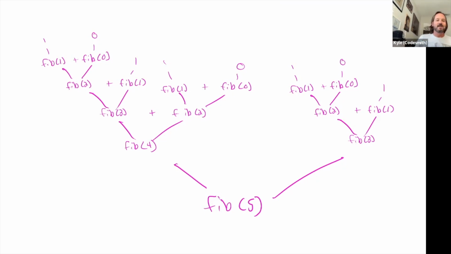So I challenge you to rewrite Fibonacci in a way that you could calculate any Fibonacci number. And you will know that you have succeeded if you can run Fibonacci 45 or Fibonacci 100. If you can calculate Fibonacci 100, it'll take a split second if you've done it properly.